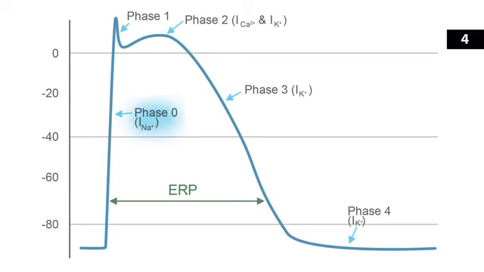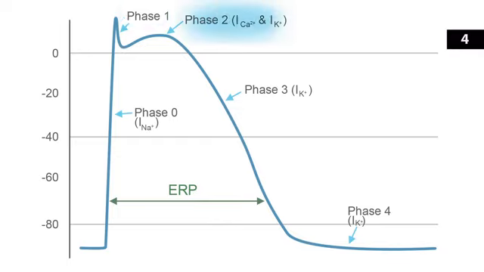First question, diagram the phases of a myocardial action potential and describe which ion channels are responsible for each phase. So we're going to basically do this all over again to really get it into your brains. So first we have phase 0. What was that? Rapid depolarization, which is due to the opening of sodium channels. And then phase 1 is early repolarization, where the sodium channels are going to close and the voltage-gated potassium channels begin to open.